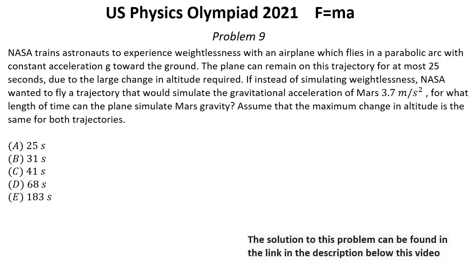Solution for problem number 9. First, we can find the change of altitude. For that, we can use the formula h equals 1/2 g t squared. Here, total time is 25 seconds, but this is for the trajectory up and down.